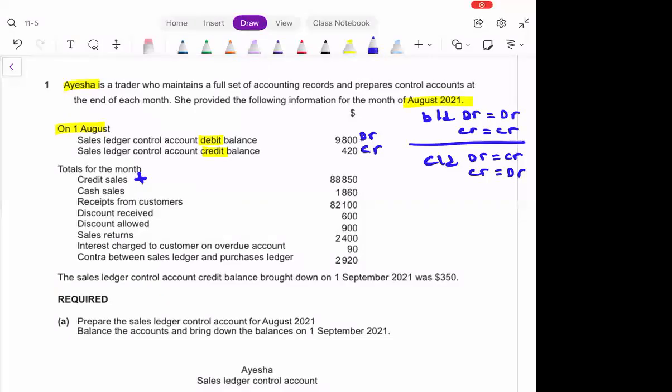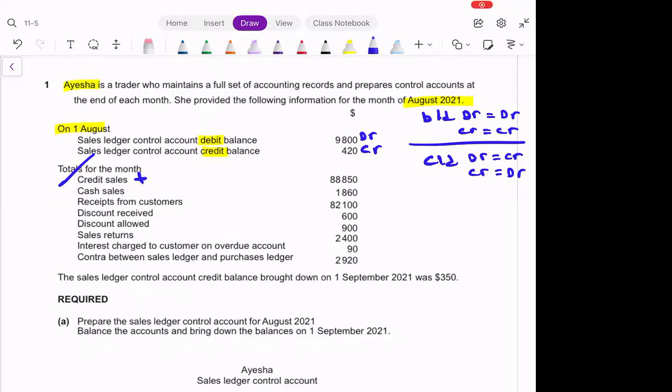Okay, what is credit sales? I sell, the guy didn't pay me. So it's a credit sale. The guy owes me more. What is cash sales? I sell, the guy pays me immediately. If the guy pays me immediately, does the guy owe me? No. No means, is it your trade receivable?